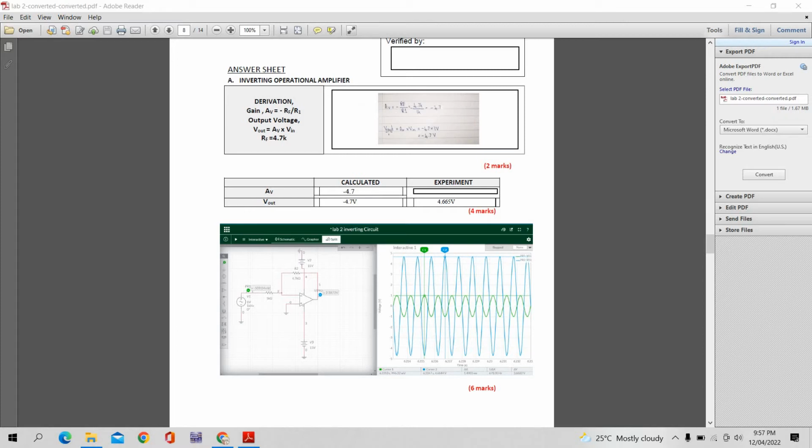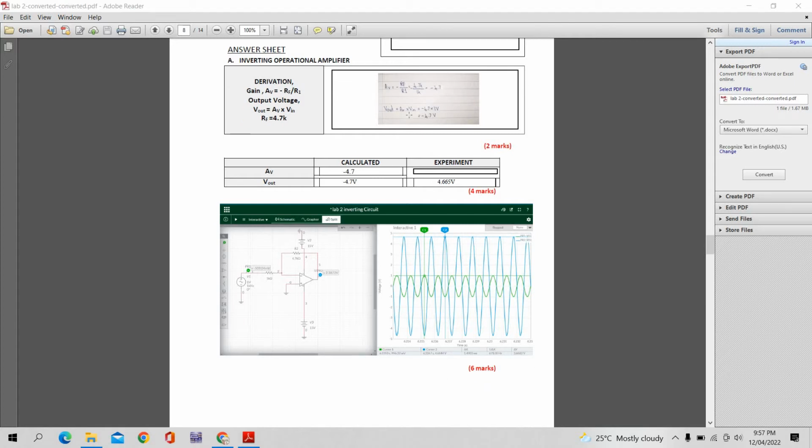So for the V out, we have used the gain we got from the calculation above times V in. For this circuit, my gain is negative 4.7 times 1 volt as V in, so the V out is negative 4.7 volt.